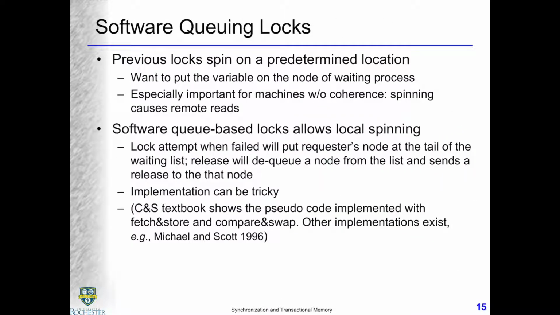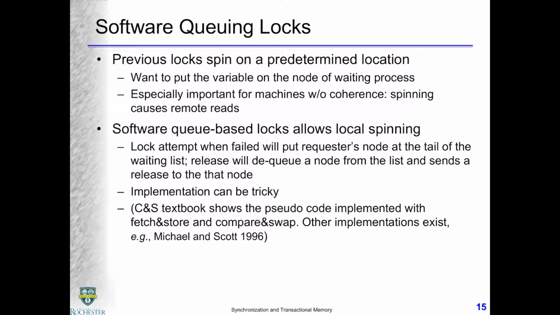These other locks that you have, you may put in software queues. So whoever is going to be the next, why don't you spin on a predetermined location? These type of solutions are actually more useful when you don't even have cache coherence, when you have a distributed system, when you still need synchronization, critical sections, and locks.